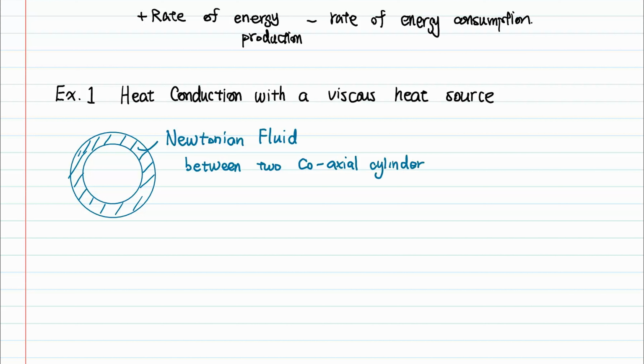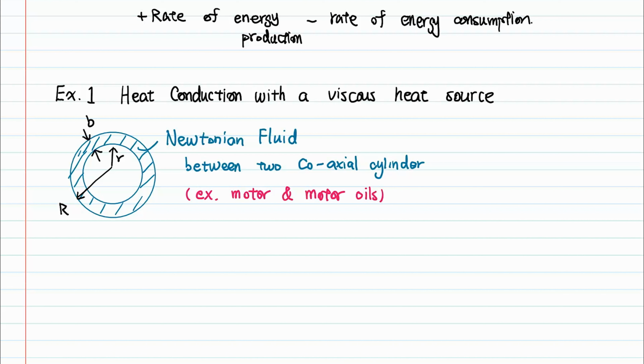A good example of this would be motor oils. Okay, and we can define the dimensions. The inner cylinder has a radius of r, and the outer cylinder has a radius of capital R. And then we have the thickness of the liquid layer here. Let's call the thickness B.